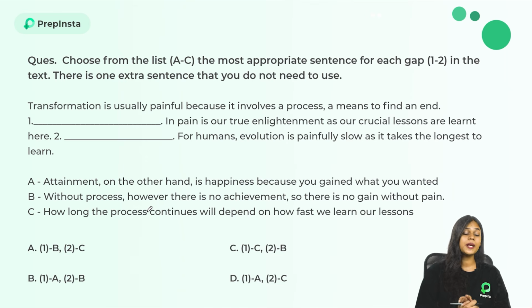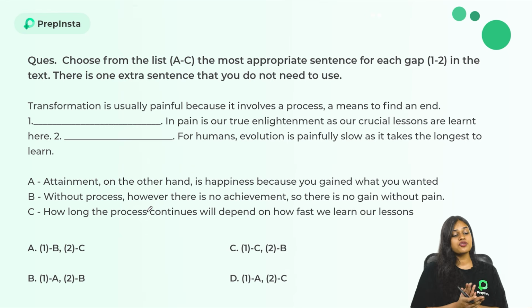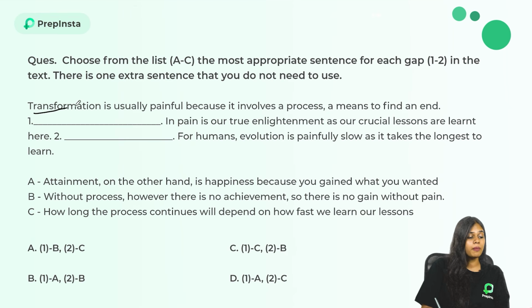Transformation is usually painful because it involves a process, a means to find an end. Then we have a blank. In pain is our true enlightenment, as our crucial lessons are learned here. So first we're talking about transformation and a process, and then we are talking about pain and enlightenment.